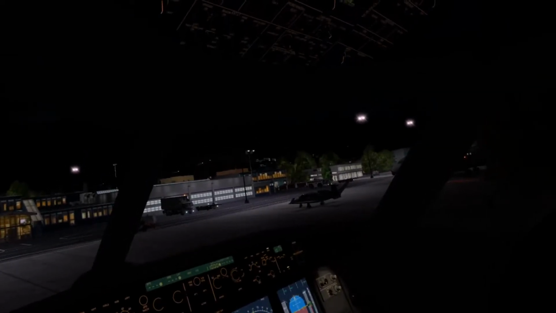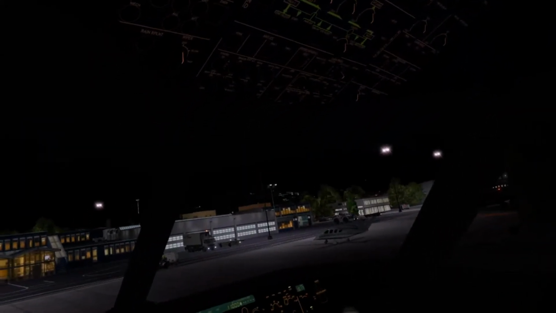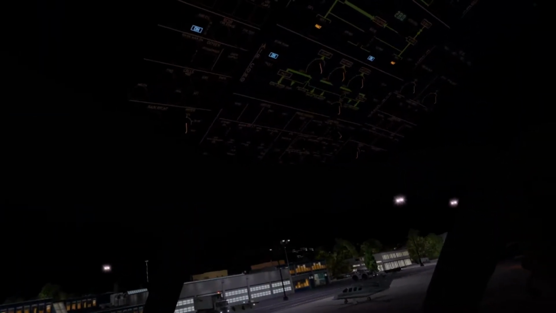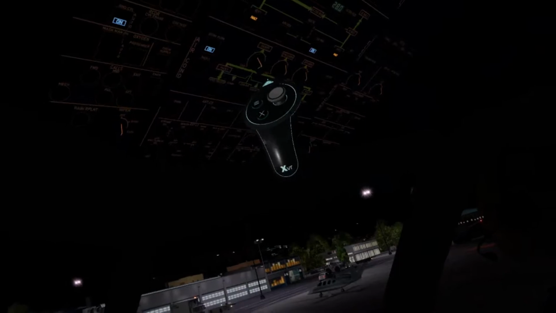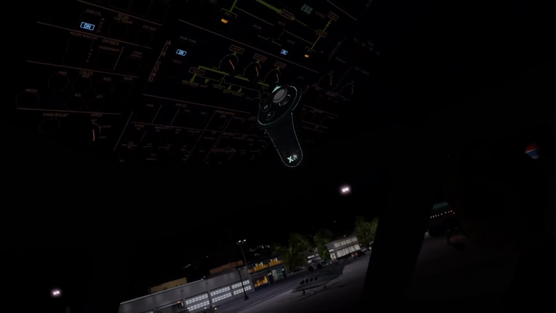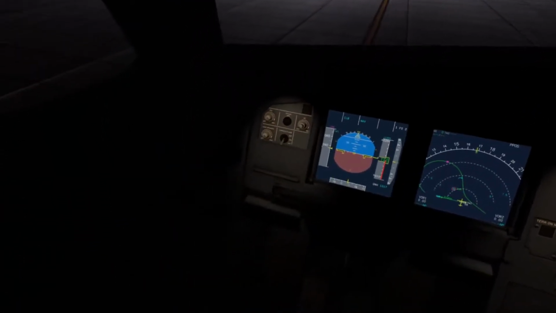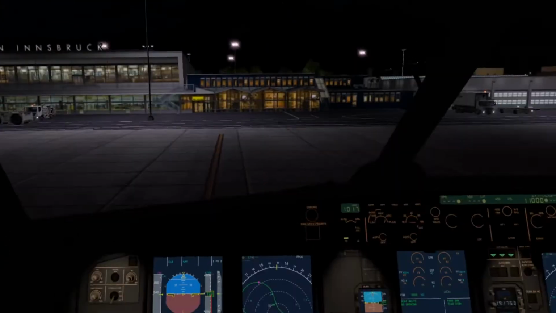So now that we're done, we do need cabin flow because the passengers are over 150. And for temperature, we're at 26 degrees, so we can reduce this here and we can start the APU. I'm going to adjust my seating position because I was a bit on the side.